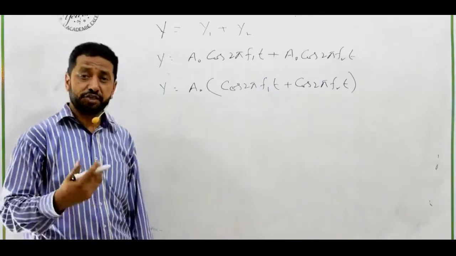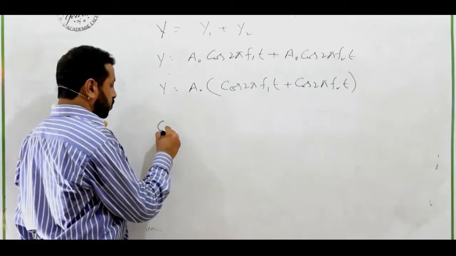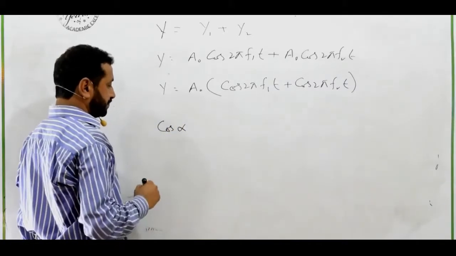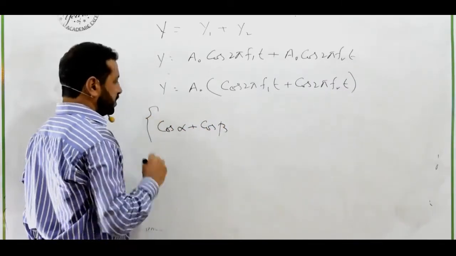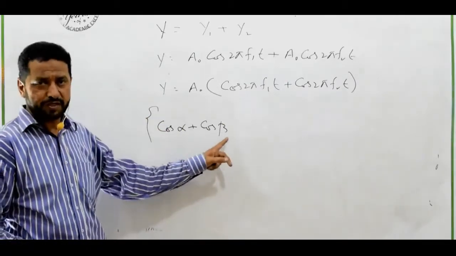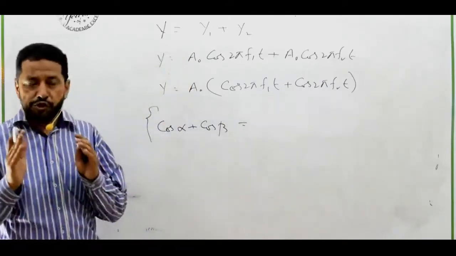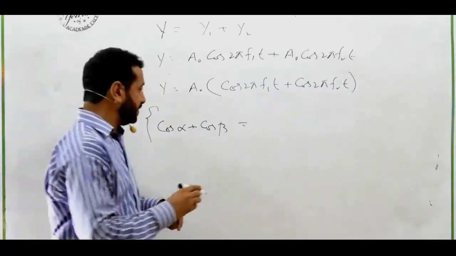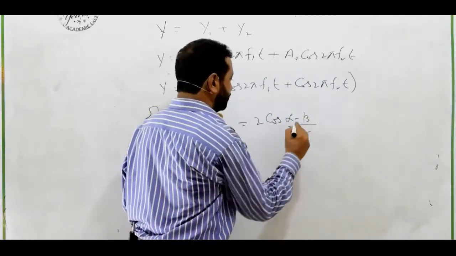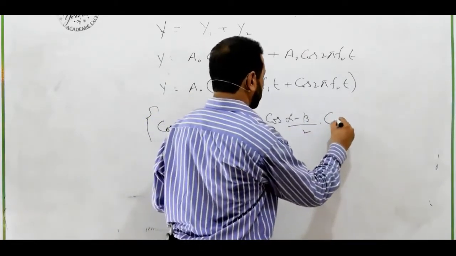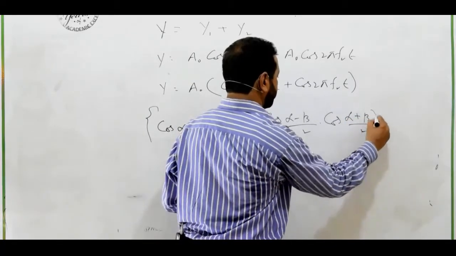As you know, in trigonometry we have a formula: cos of alpha plus cos of beta is equal to 2 cos of alpha minus beta divided by 2, times cos of alpha plus beta divided by 2.